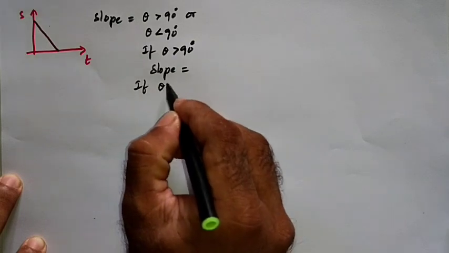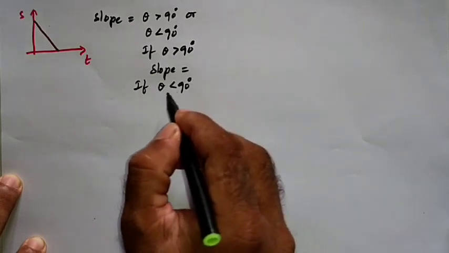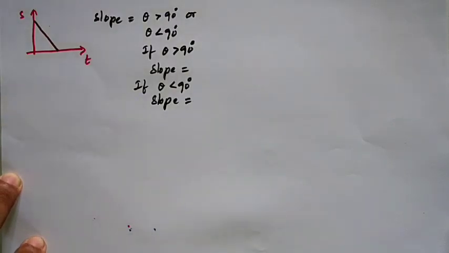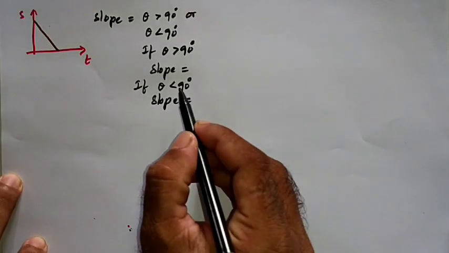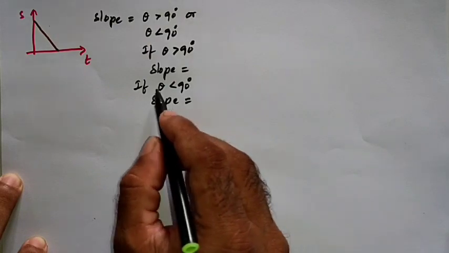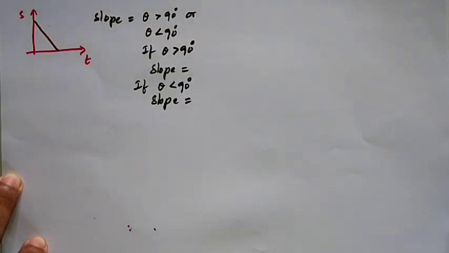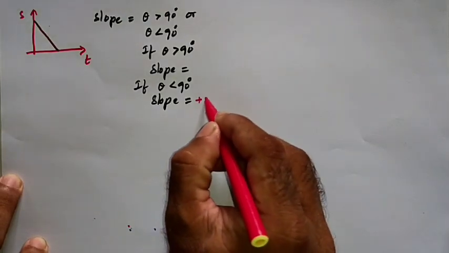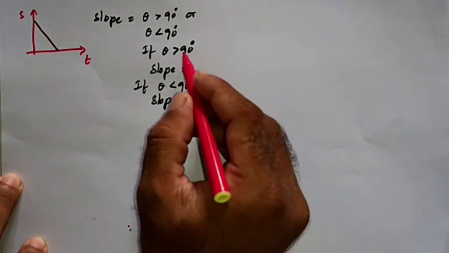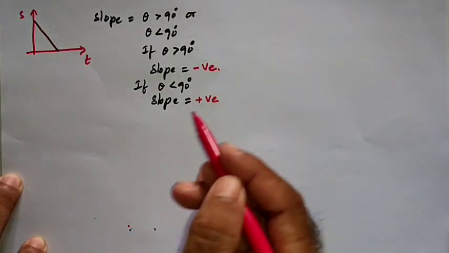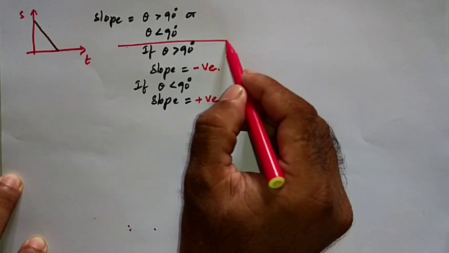If theta is less than 90 degrees, slope is positive. If theta is greater than 90 degrees, slope is negative. Remember this point.